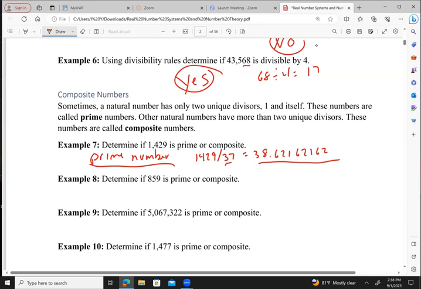Okay, when I do 29, I get 29.62068966. So what this is telling me is, if I try a number that's greater than 29 here, I'm going to get a number less than 29 here. So now I'm just doing the opposite of what I've been doing. So this also is a prime number.